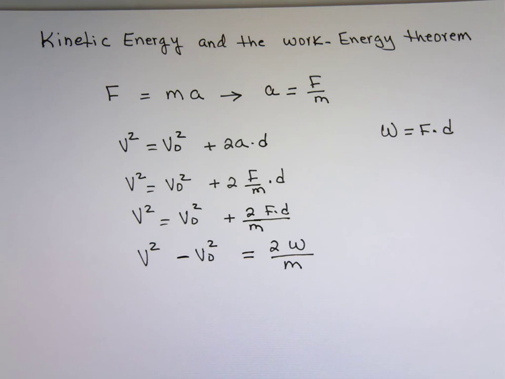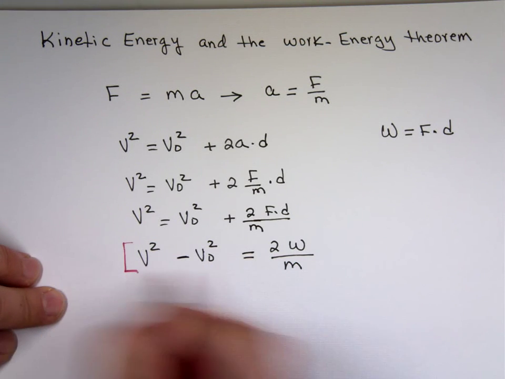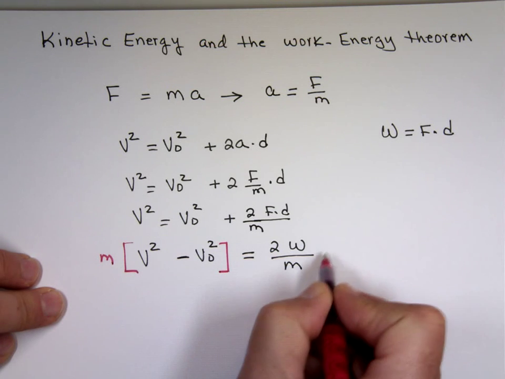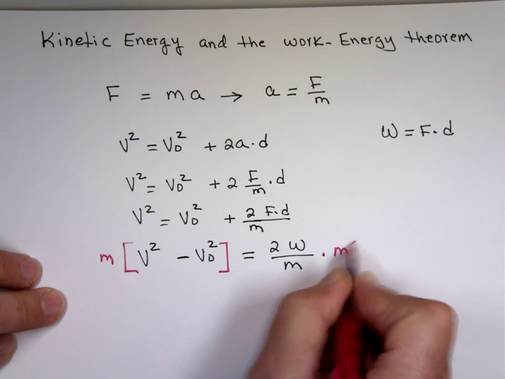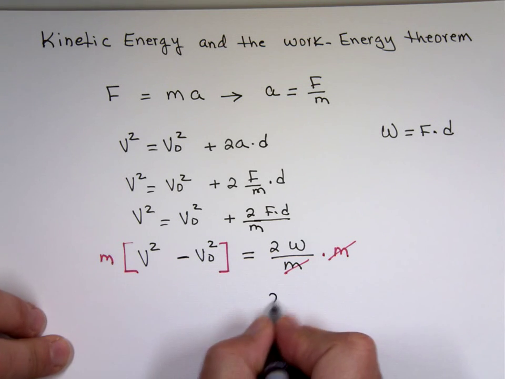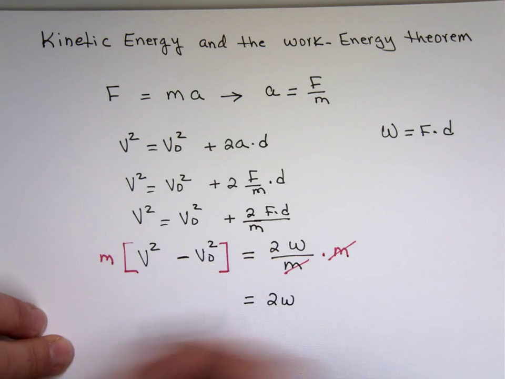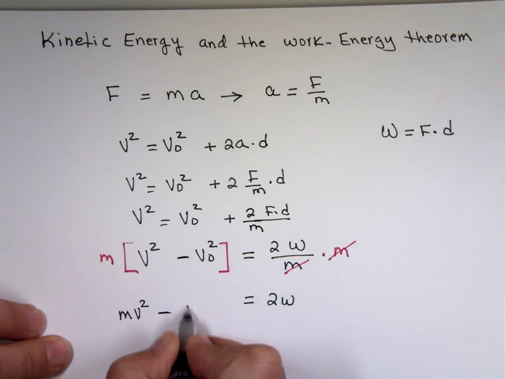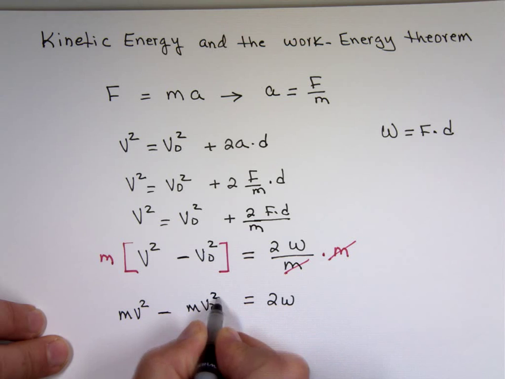I don't like fractions. To get rid of that, I'm going to multiply the entire equation by m, this side by m and this side by m, to get rid of the fractions. So 2 times W equals, I'm almost done deriving the equation, m v final squared minus m v initial squared.